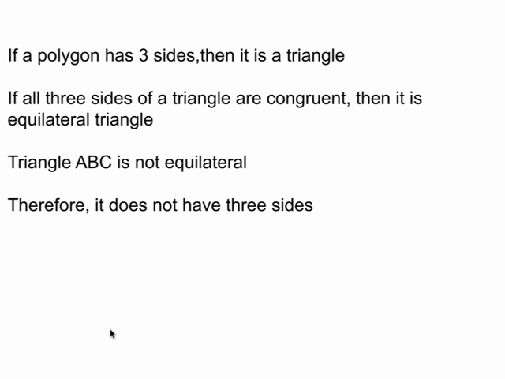All right, this is a long one, but let's see if we can do this one. It says if a polygon has three sides, let's call that P. I see if-then, so P implies it is a triangle.